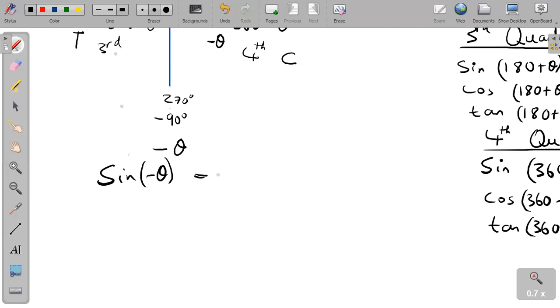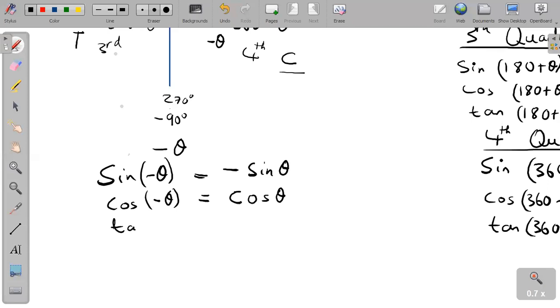So for that reason, sine negative theta is going to give us negative sine theta. The same applies to cos negative theta. What do we understand of cos in the fourth quadrant? Cos is positive in the fourth quadrant. So therefore, cos negative theta is going to give us positive cos theta.